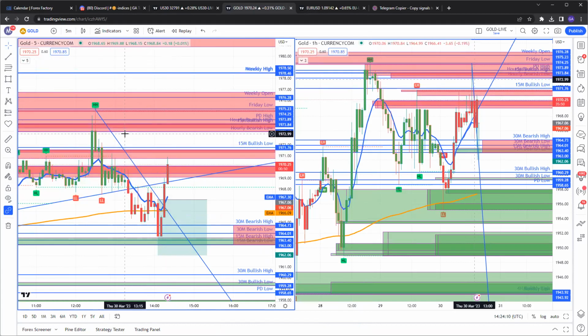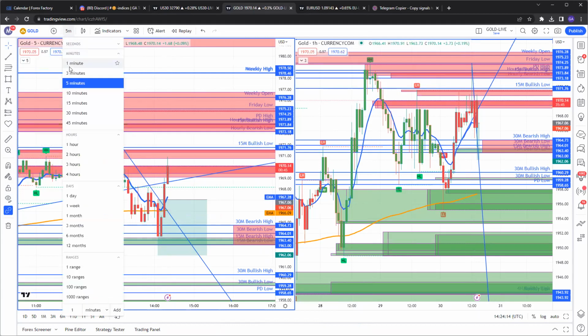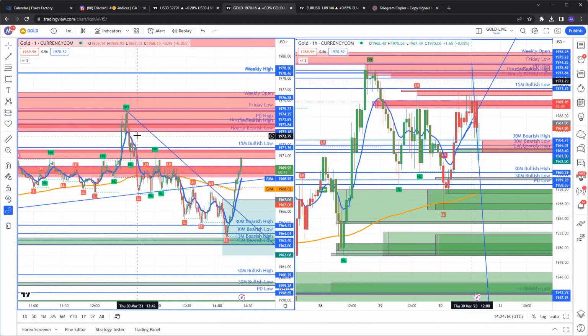So that was my major issue with a sell on gold anywhere up here. Yes, we were in a supply zone. So the only other sell on gold I would wait for on the 1 minute is a lower high or a high to be created here. And in that instance, this trend line would go somewhat like this, right?